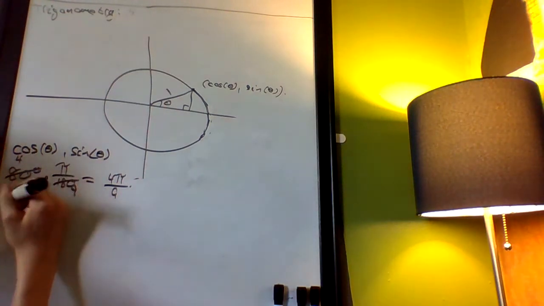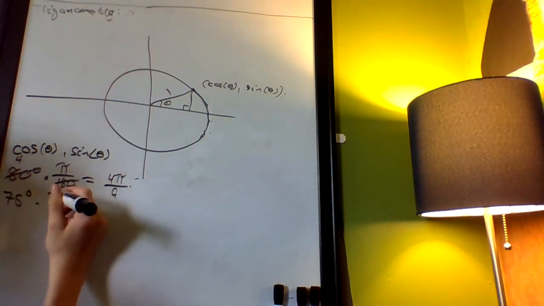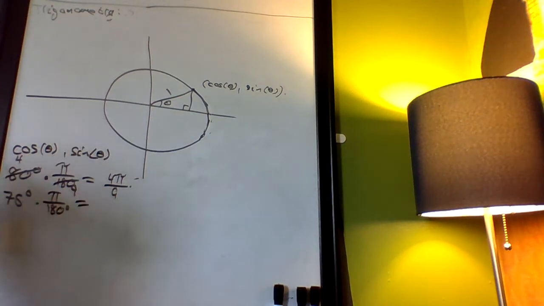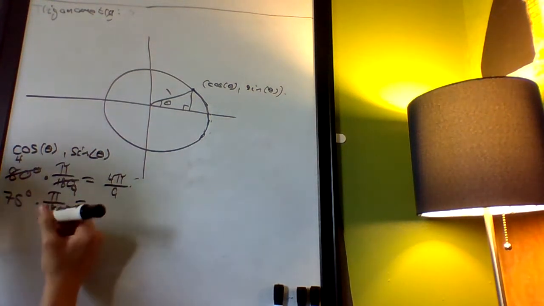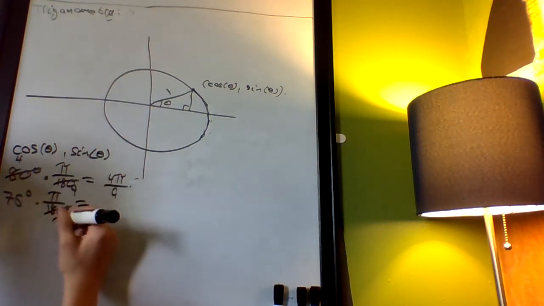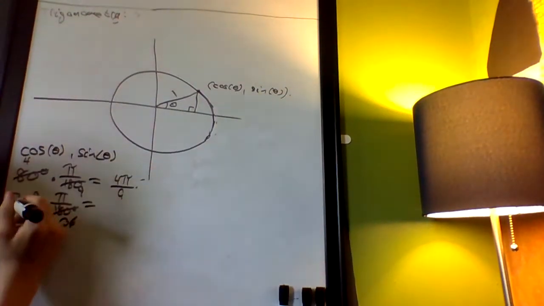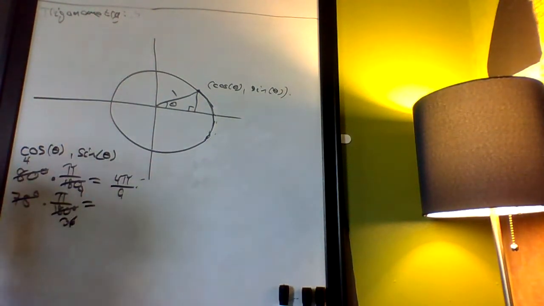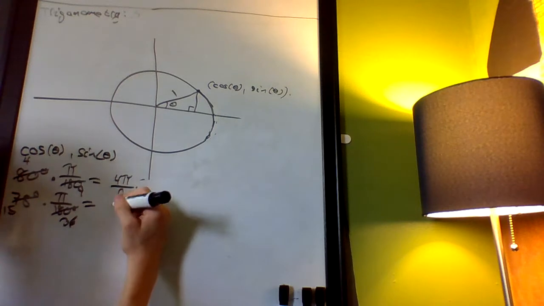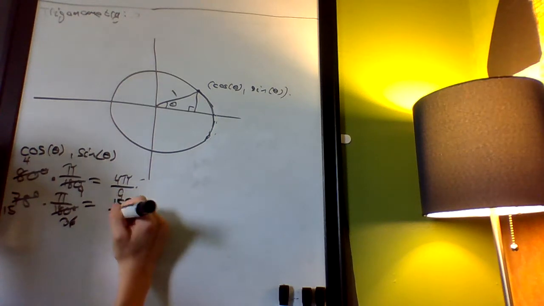So, 75 degrees to radians is then going to be, well, 75, you can get rid of the 5 there. 180, you can get rid of the 5 there. It's going to be 36, right? Right here. 75 on 5 is going to be, well, 15. 15 and 36 don't really share anything, so 15 pi on 36.